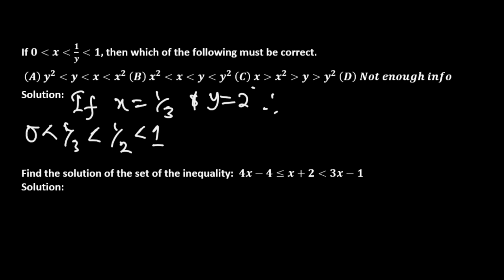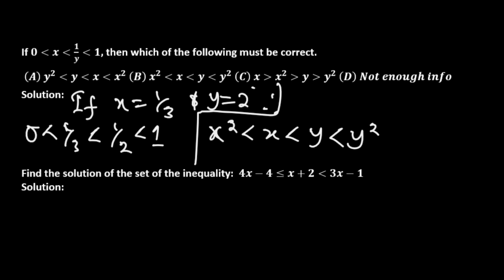So you notice that if you square, the square of a fraction will go down more. Do you get? So you see that x squared must be less than x. Yes. And x must be less than y. And y must be less than its square.